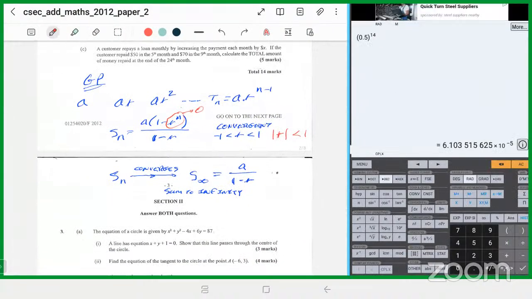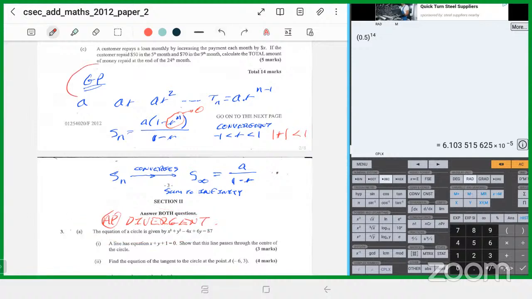An AP is what we call divergent. It does not converge. All APs are divergent series. Divergent means the sum does not tend towards any one value.